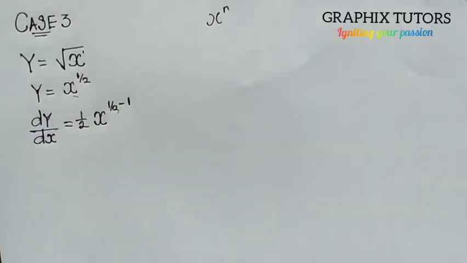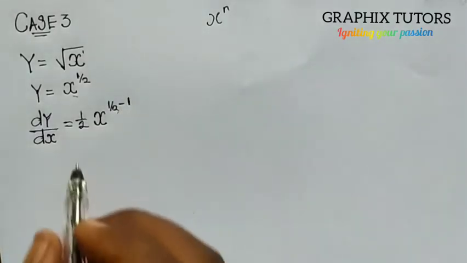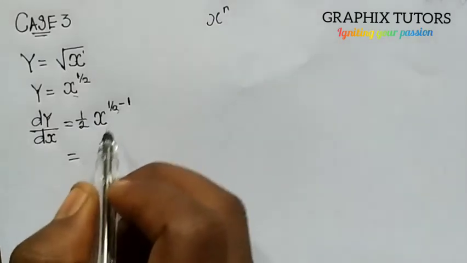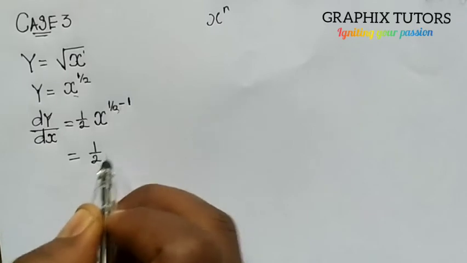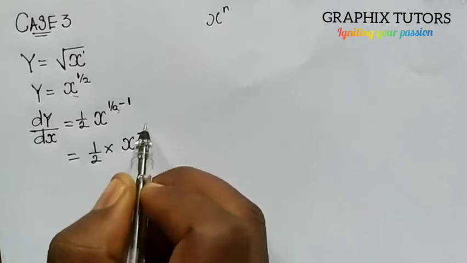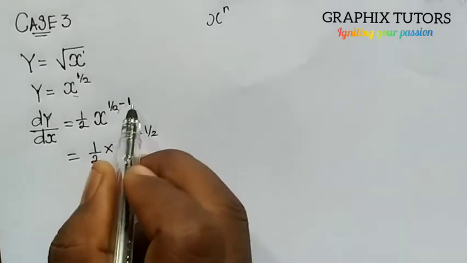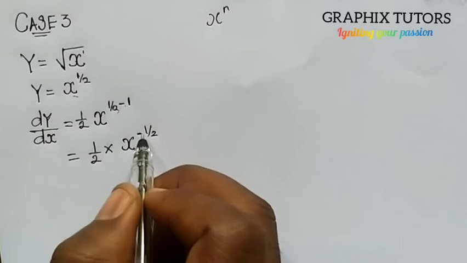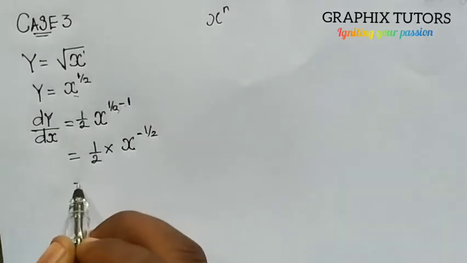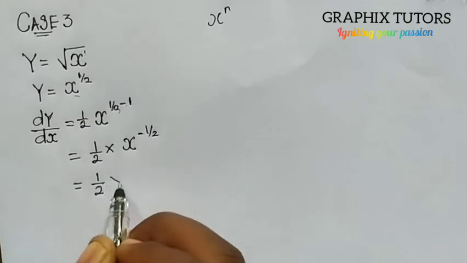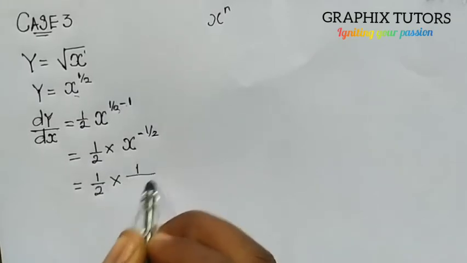So this will now be 1 over 2 multiplied by x to the power of minus 1 over 2, because half minus 1 will give you minus half. Now if I want to eradicate this negative sign, I'm going to write it as 1 over 2 multiplied by 1 over x to the power of 1 over 2.